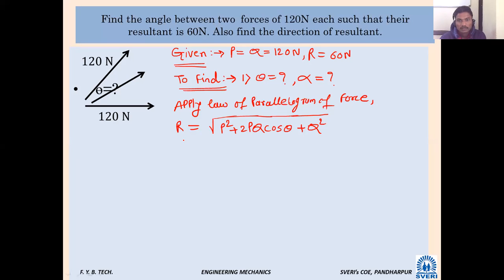Either we know R, or we will go further directly. Therefore, suppose R square is equal to P square plus 2PQ cos theta plus Q square. Okay, write with me.